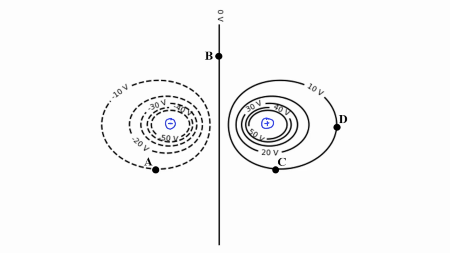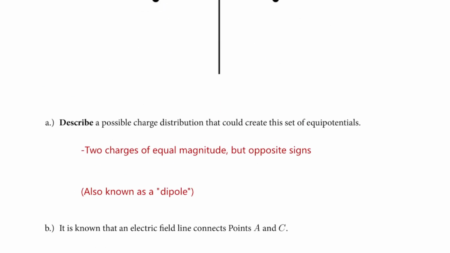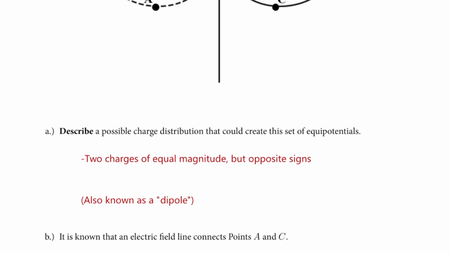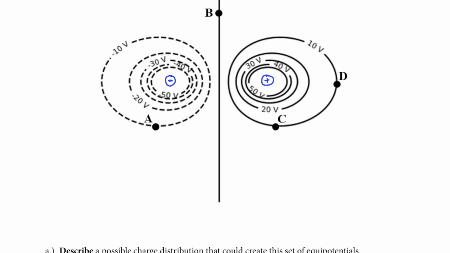And we can see that this picture is perfectly symmetric about this midline, so we can assume the charges are also going to be the same magnitude. If not, you'd get some of these curves to be stretched out relative to the other, and you wouldn't get this 0 equipotential right in the middle. So this is a dipole electric field, which is two equal charges of opposite sign. The magnitudes are the same, the signs are opposite.